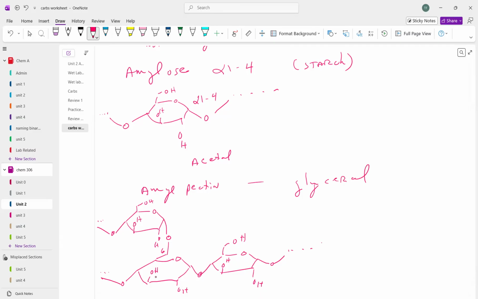And glycogen looks exactly like amylopectin with a few more branches, but it's basically a branched chain.